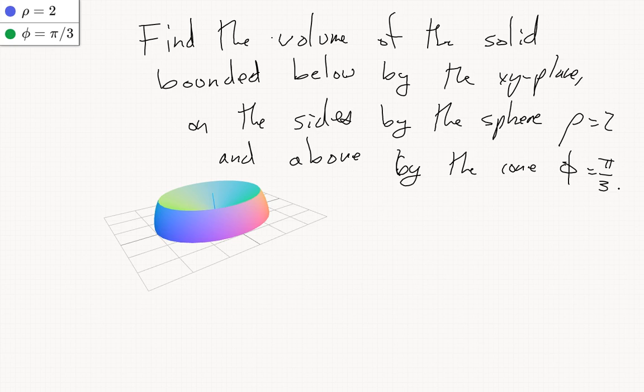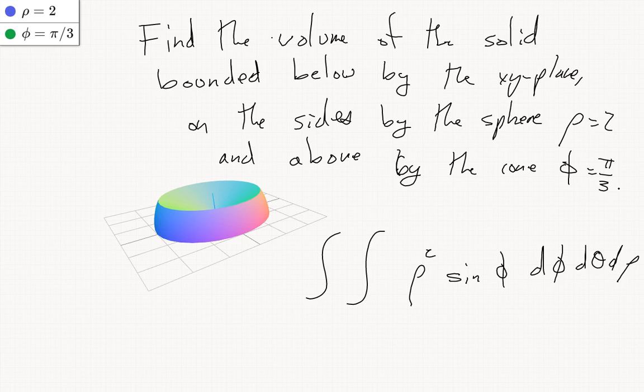So this again looks like a good problem for spherical coordinates. So we'll set up a rho squared sine phi. In this case, let's do d phi, d theta, d rho.